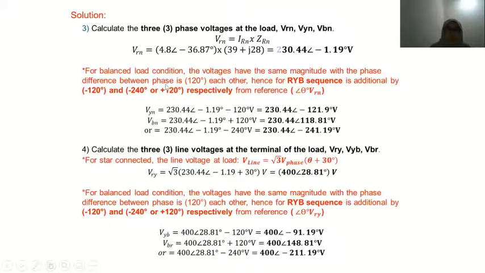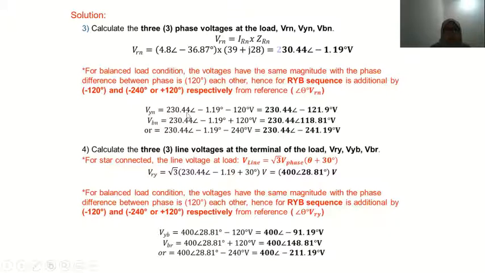If we use the statement for the balanced condition, the phase voltages share the same magnitude, but they differ from each other by 120 degrees. So we just make some changes on the angles.